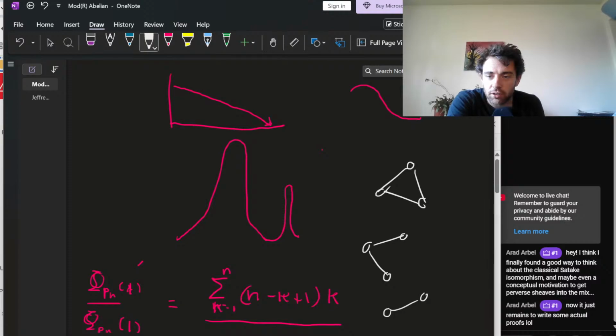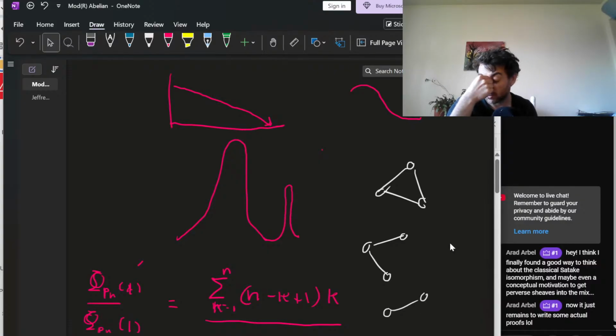Arad, you think you finally found a good way to think about classical Satake isomorphism, and maybe even a conceptual motivation to get perverse sheaves into the mix. Interesting. Now it just remains to write some actual proofs. You should send me some of those, because I'm very interested in that. I definitely have a couple different ways of thinking about the classical Satake isomorphism.